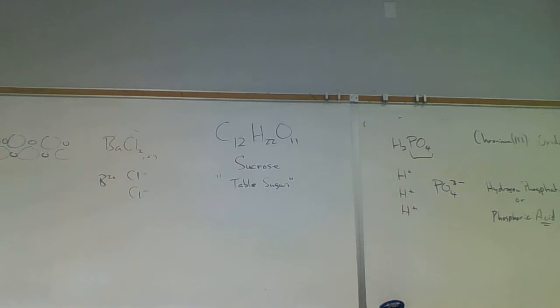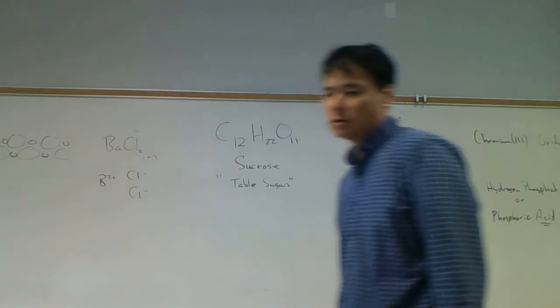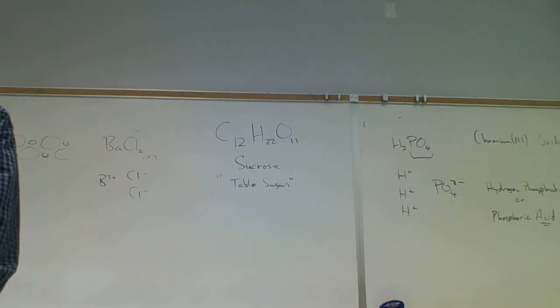If I'm talking about calcium metal, I'm talking about Ca solid. If I said calcium ion, I would be talking about Ca2 plus. If I say silver metal, automatically you think Ag solid. You do not think Ag plus. If I said silver ion, then it's Ag plus. Silver ion is fixed charge, even though it's in the variable charge region.